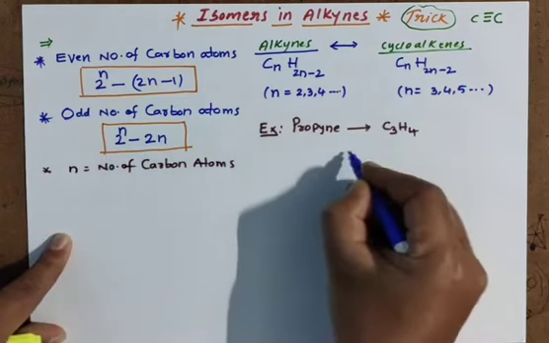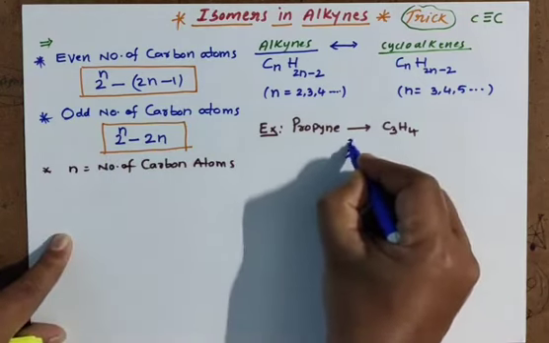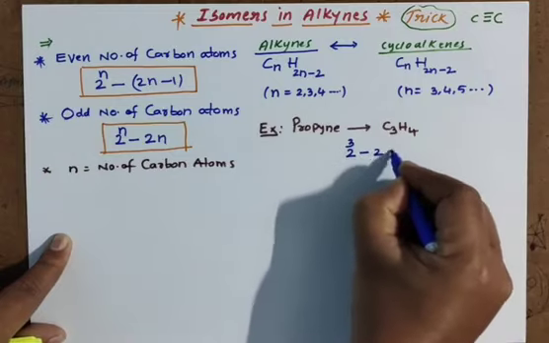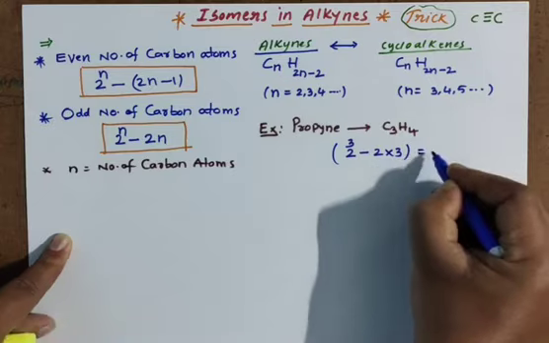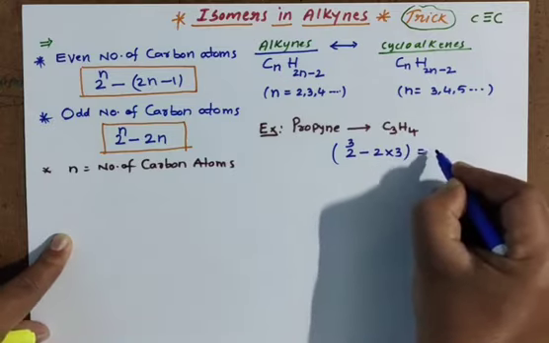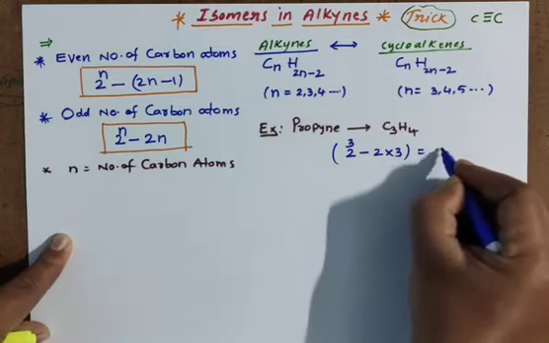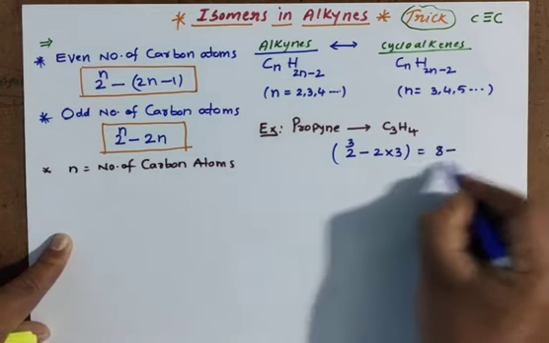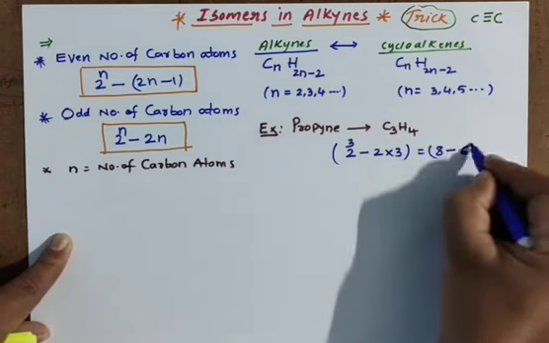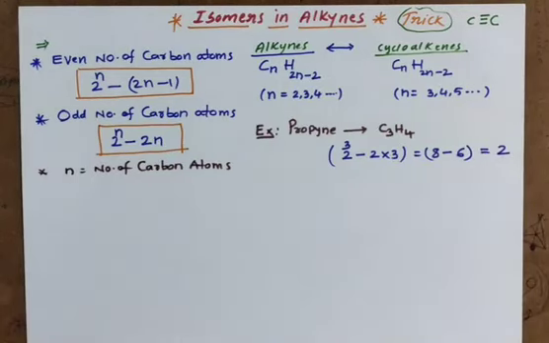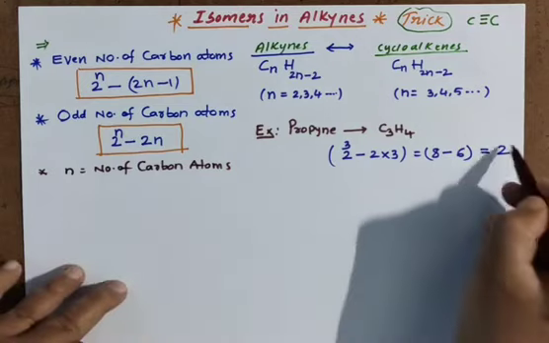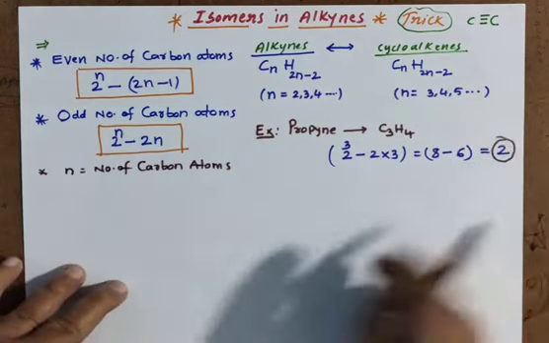So 2 power n means 2 power 3 minus 2 into 3. 2 power 3 is 8, 8 minus 6 is 2. So this can exhibit two isomers.